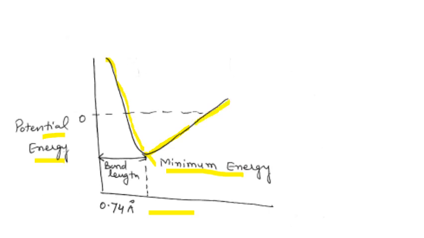Here you can see in the graph the energy goes on increasing. This is the only point at the minimum distance that gives the minimum energy, and at this distance only the bond formation takes place. And this distance between the two atomic orbitals is called bond length.